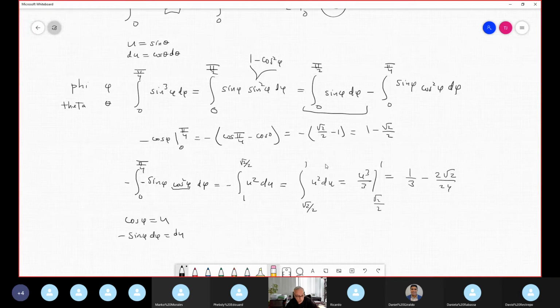Now I put together this and this, remember. So 1 minus radical 2 over 2, plus 1/3 minus 2 radical 2 over 24, because I changed the sign. And the answer, that part is horrible, is 8 minus 5 radical 2 over 12.